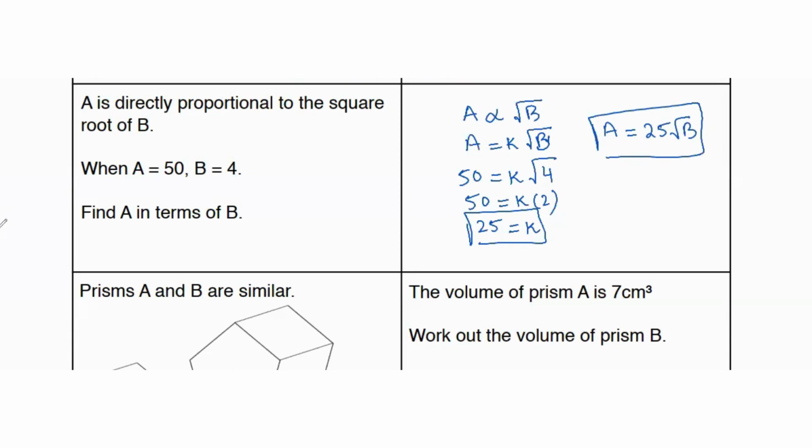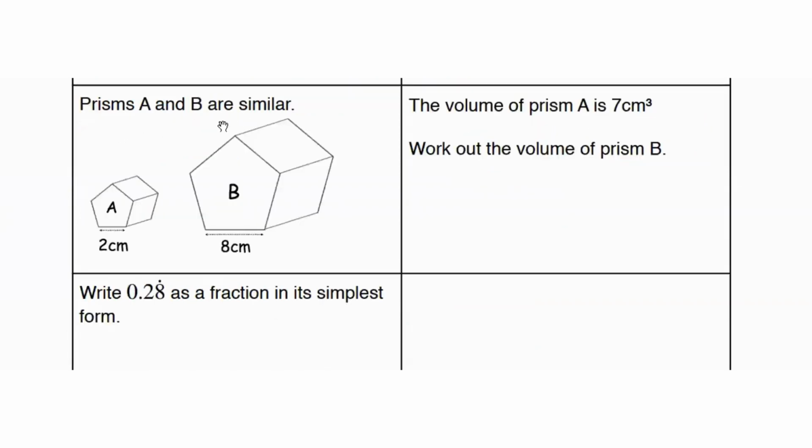That is your answer. Prisms A and B are similar. The volume of prism A is 7 centimeter cube. Work out the volume of prism B. So whenever we have similar shapes and we're talking about the volume, what we do is we make the ratio of the length first.